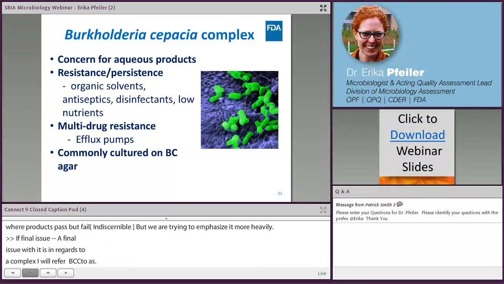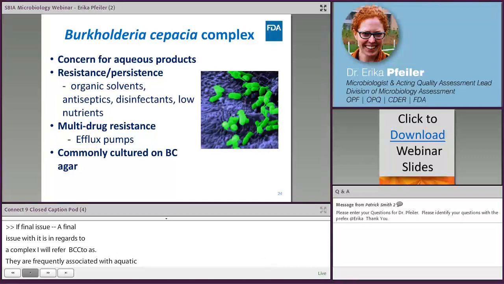BCC are capable of forming biofilms, which can make it difficult to eliminate them from the environment once they're established. BCC can survive and proliferate even in the presence of preservatives or other antimicrobial agents, and can utilize a variety of carbon compounds for energy that other microorganisms are not capable of.